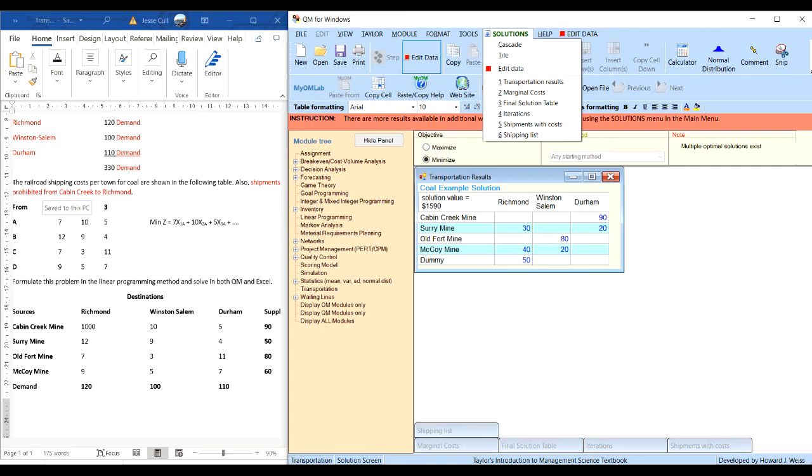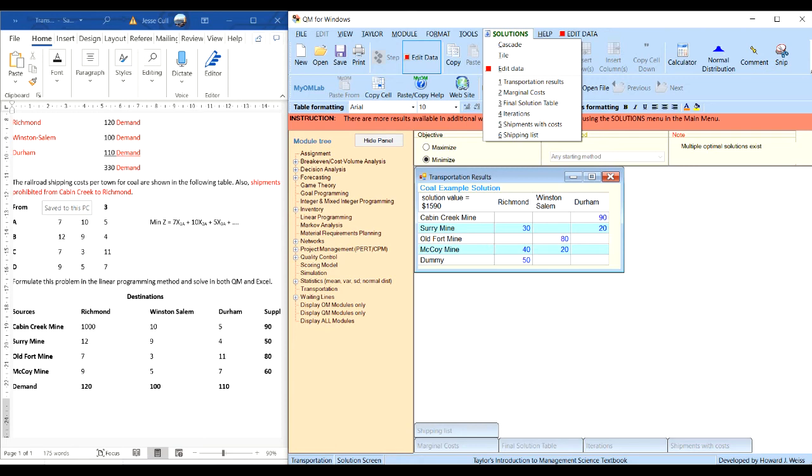If our dummy account was on this side, as I said earlier, this is where the leftover goes. If it was excess supply, the leftover would go here. Because it's excess demand, they're demanding more than exists, we're going to have shortages here.